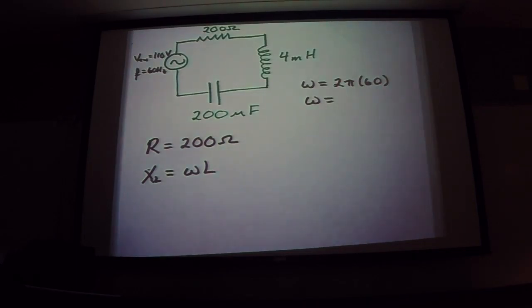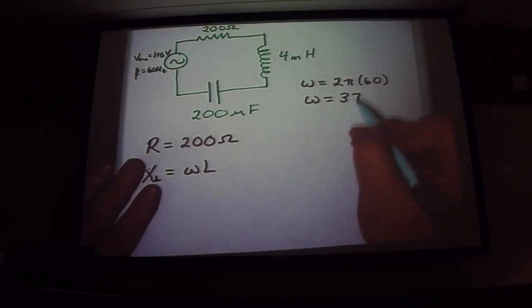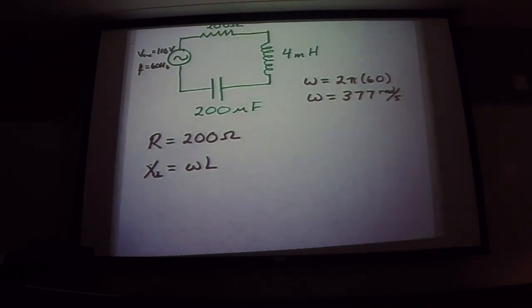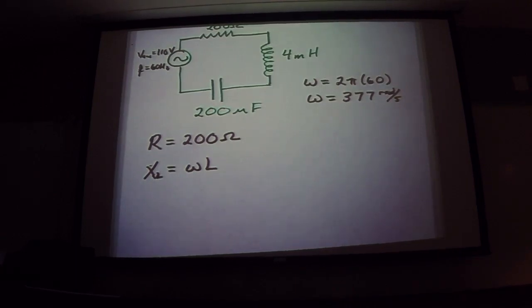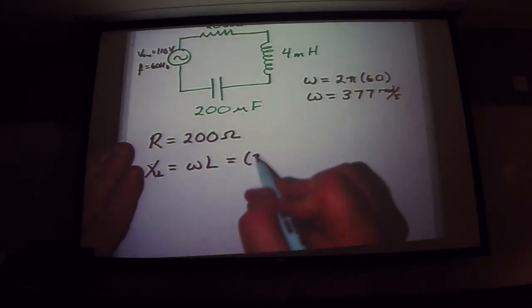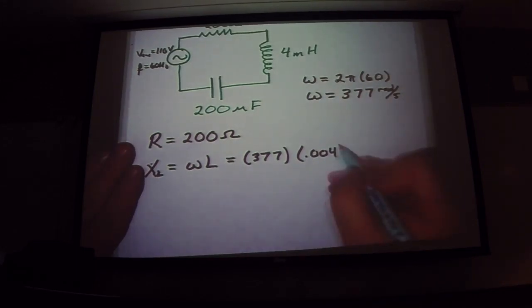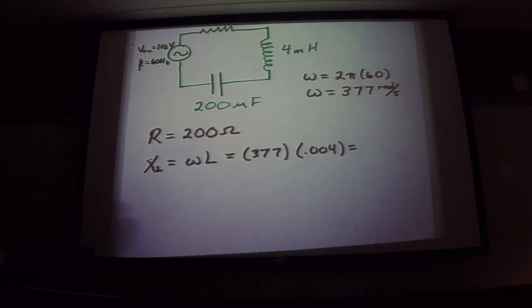Give me a number. 377. It's used so much because it's just your outlet, angular frequency at 60 hertz. Okay, so this is 377 times 0.004. So what's the reactance of my inductor?